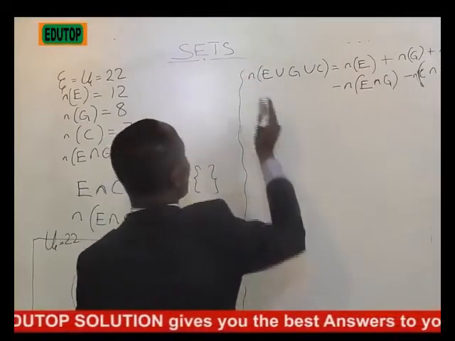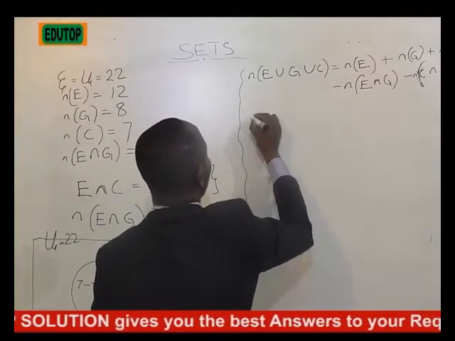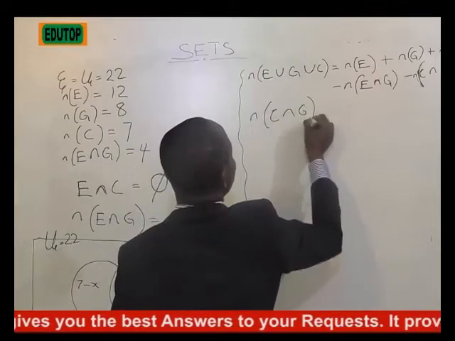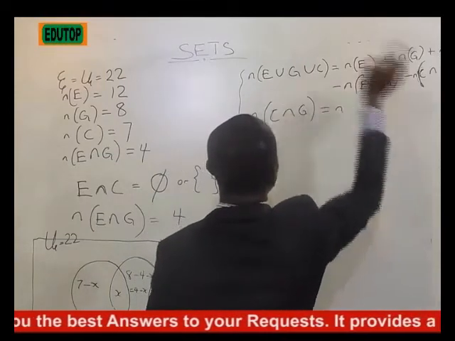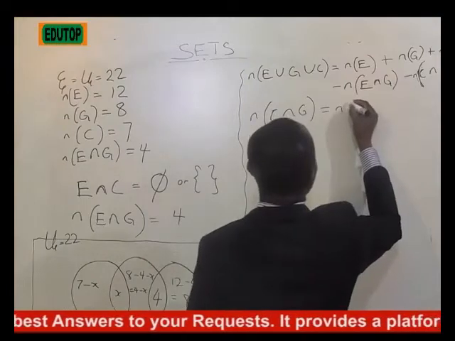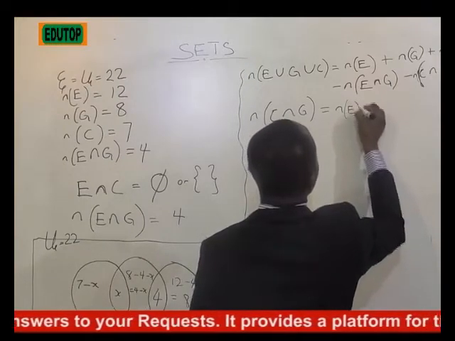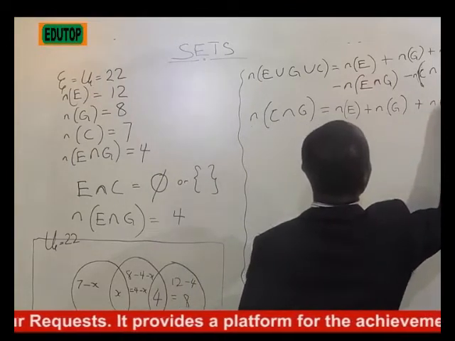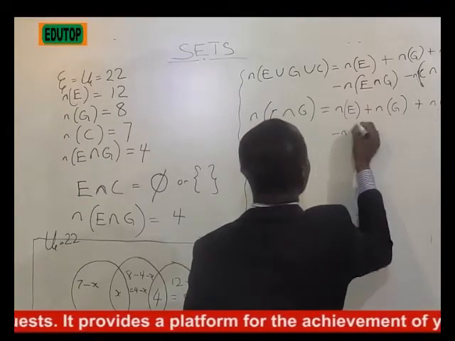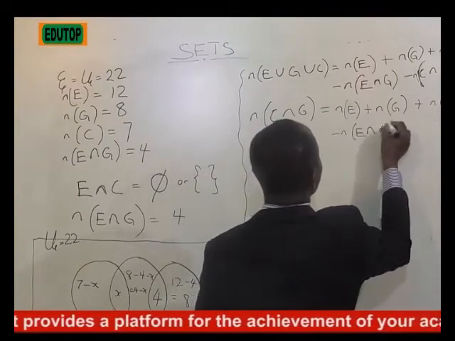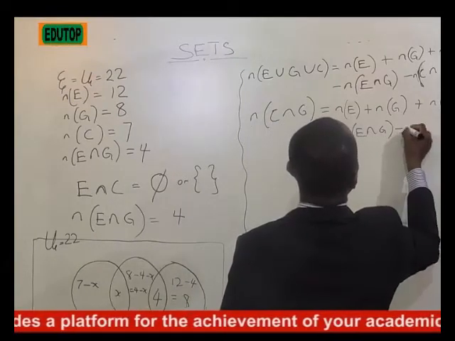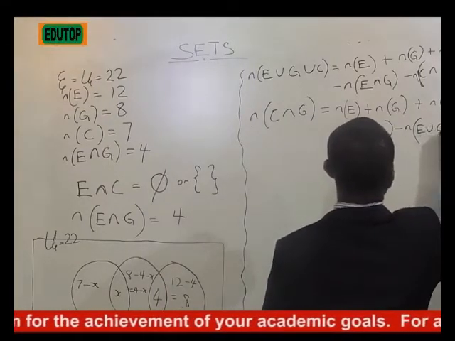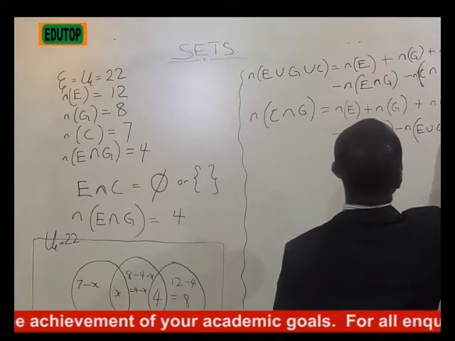Once this one crosses to this side, it becomes plus. The number of students offering chemistry and government is equal to, by the time this one crosses, it becomes negative, the number of students offering economics plus the number offering government plus the number offering chemistry minus the number offering both economics and government minus the number offering economics, government, or chemistry.